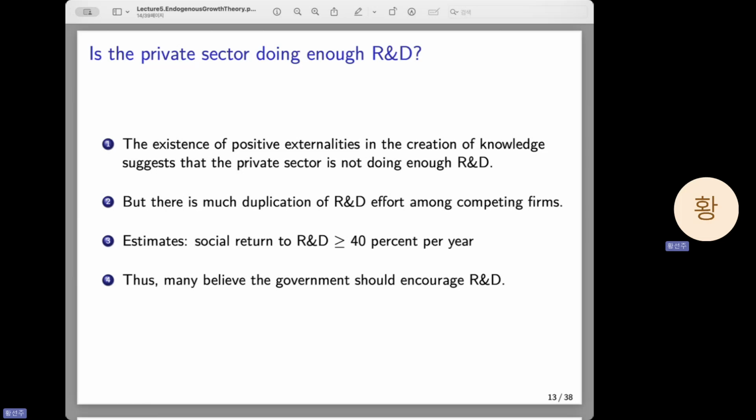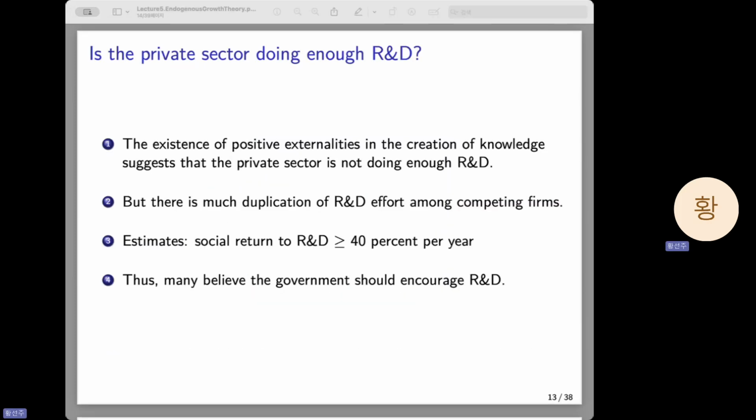So many economists argue that governments should encourage R&D, for example through subsidies and tax credits, research grants, or patent protection. This is one of the central policy implications of endogenous growth theory: the market alone may not produce the socially optimal amount of innovation.